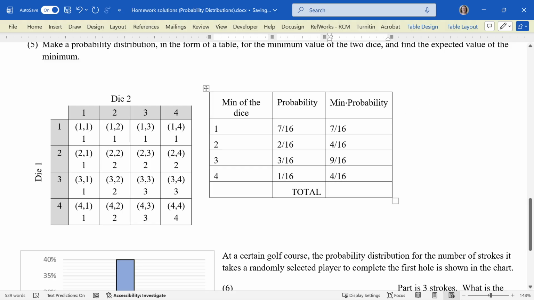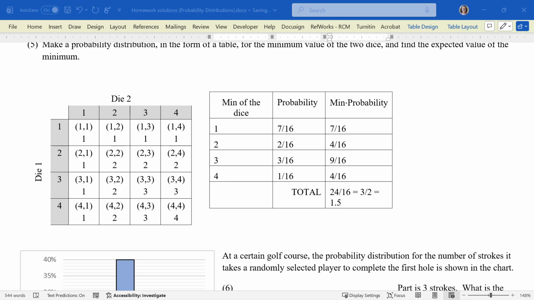Adding all these up, 7 plus 10 is 17, plus 9 is 26, plus 4 is 30. Or you can use a calculator. I don't really have any particular way to justify this number, but it's between the min and the max, so that seems fine.